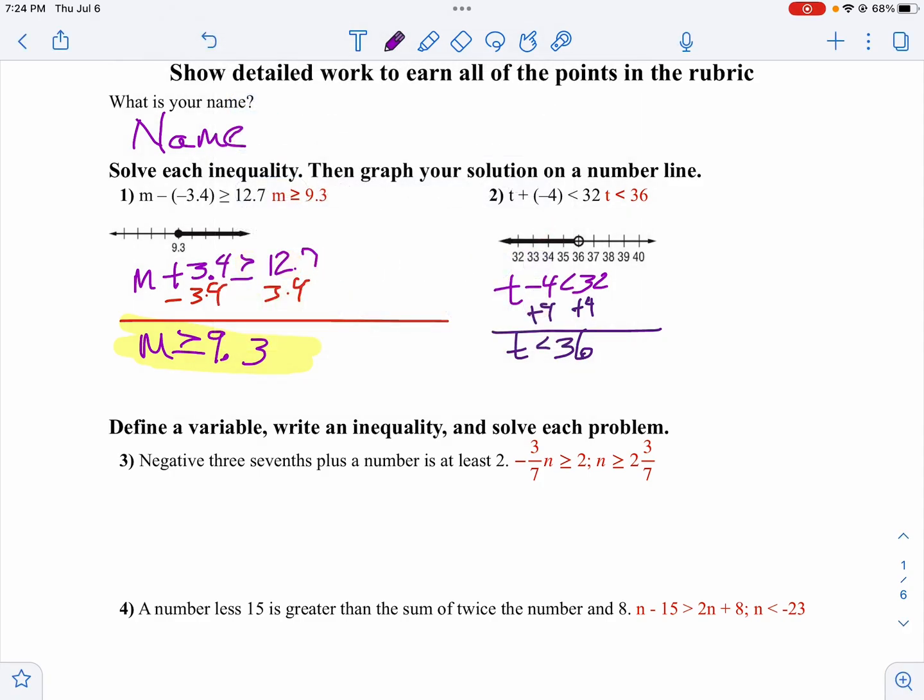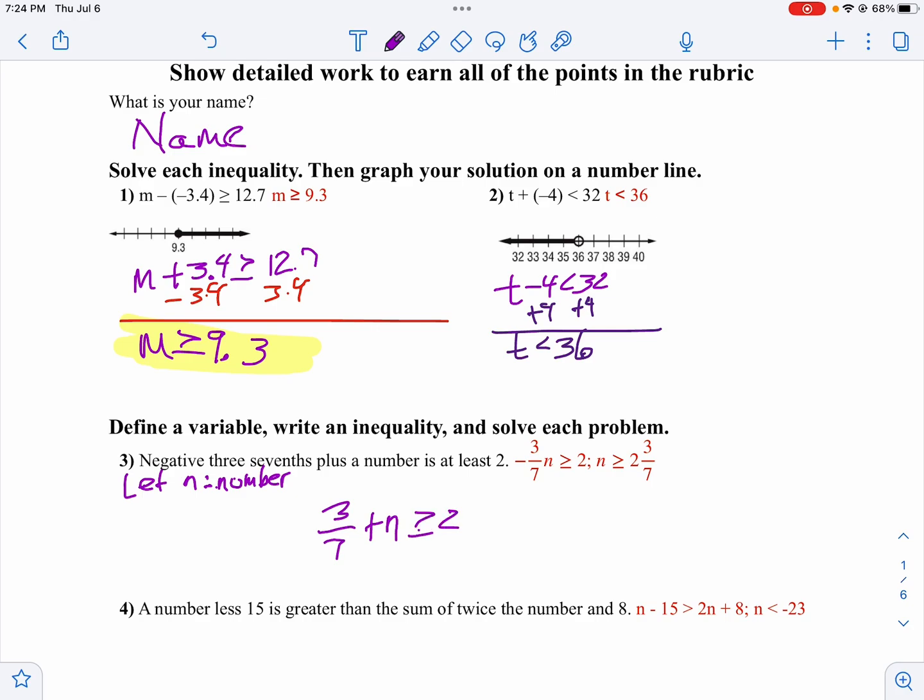So define your variable. So I'm going to say negative 3/7 plus my number is at least, greater than or equal to, 2.